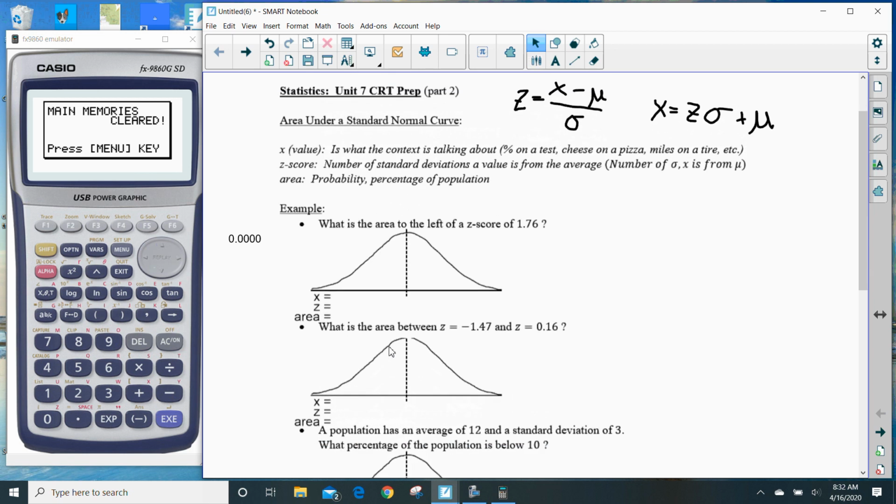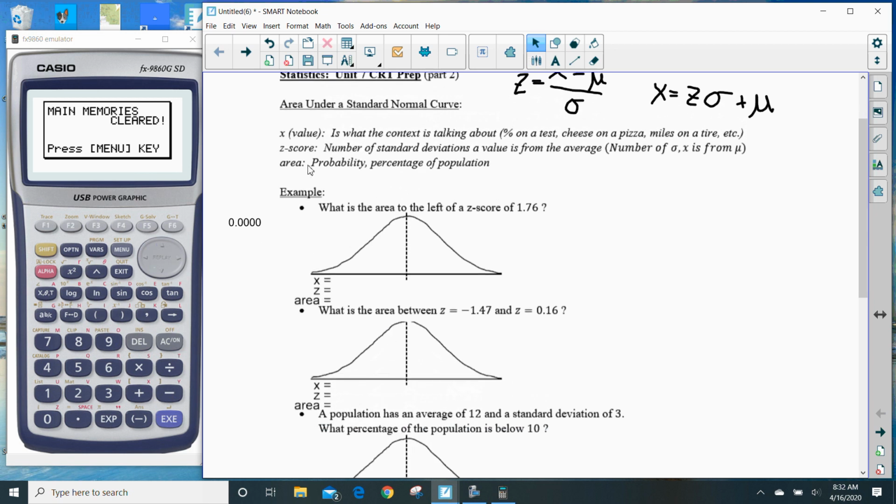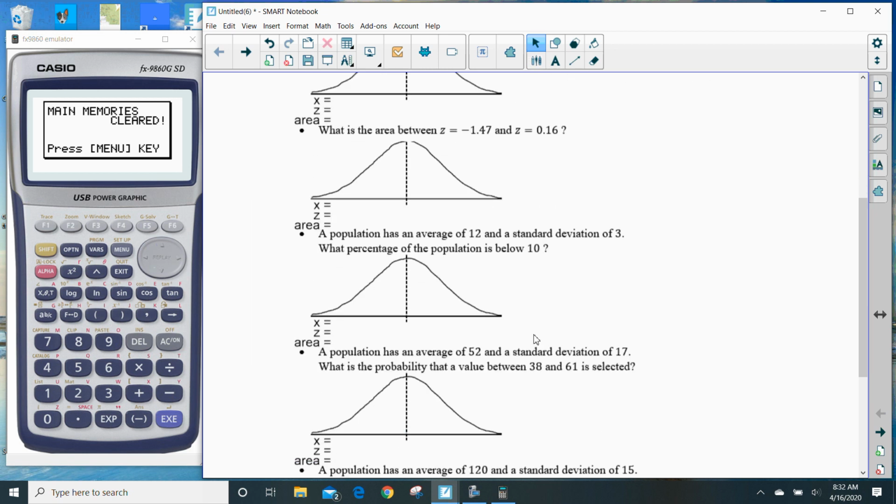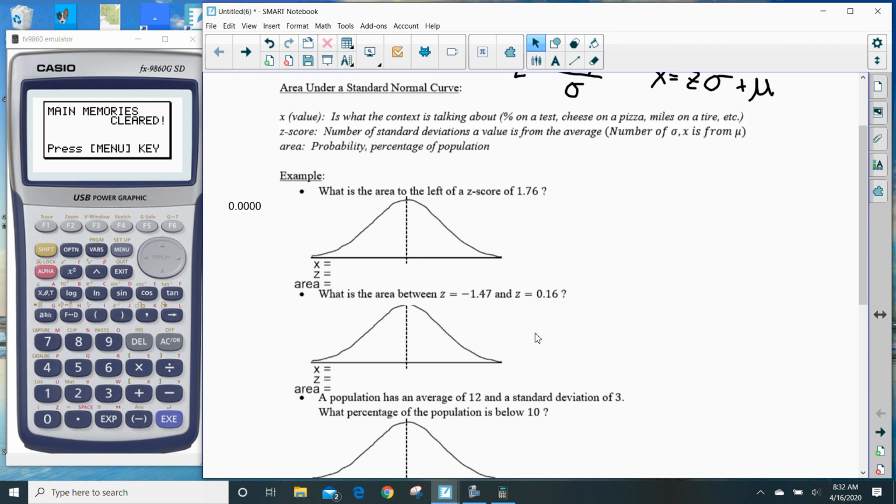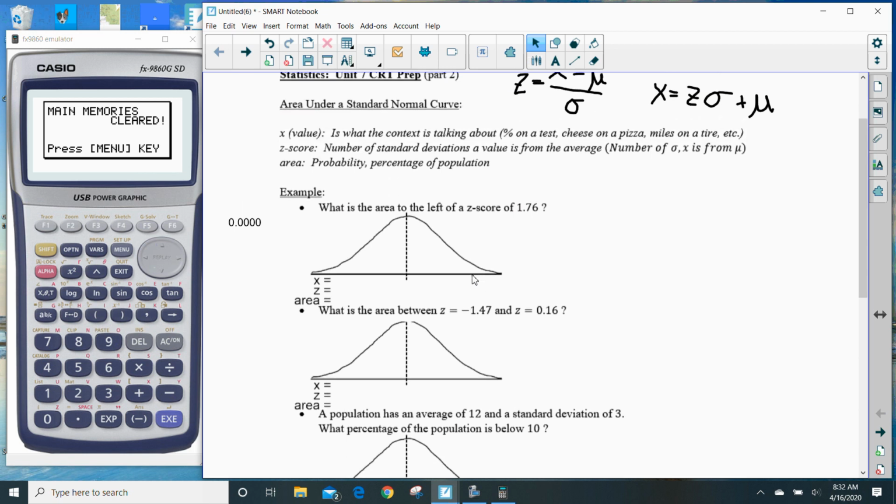That's the type of information they are giving you or asking for as areas. We're going to run through these five examples and see how to break these down. The first piece of information that's pretty important is to identify what they are giving you and what you need to answer from it.